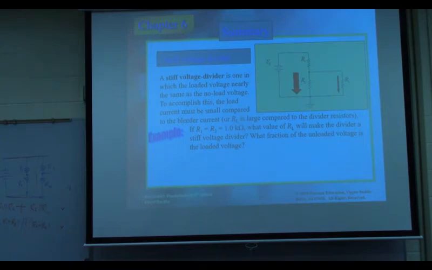Okay, now you do the hard one. What is the loaded voltage? You know how to do this, right? We have formulas over there.